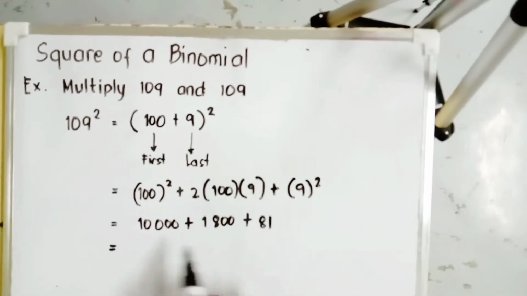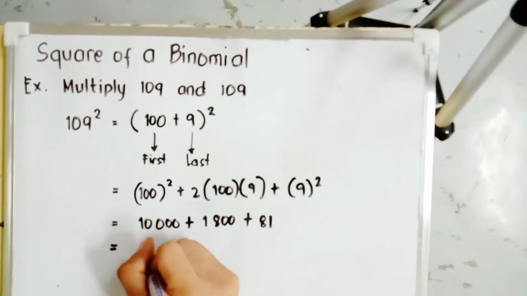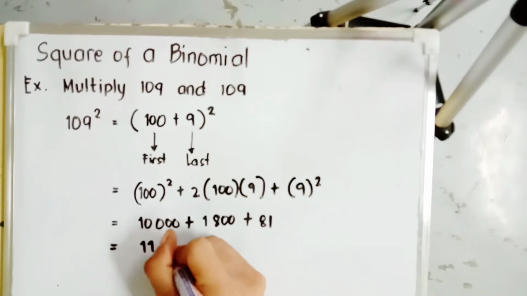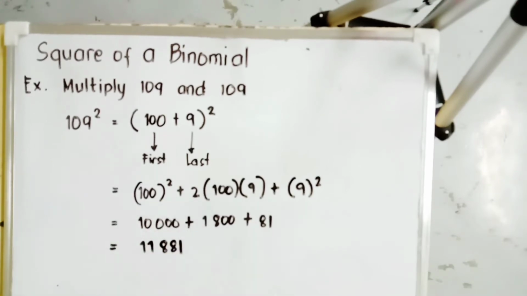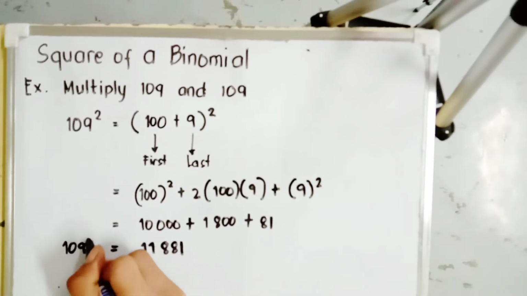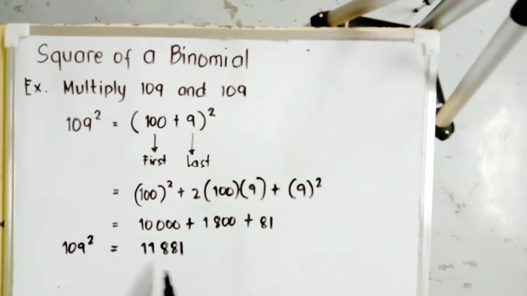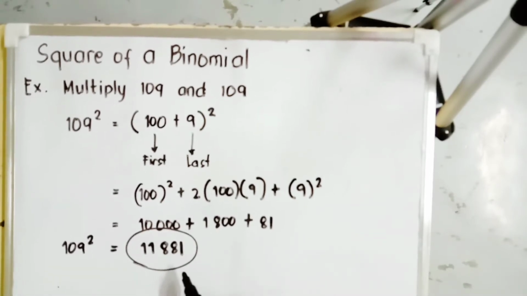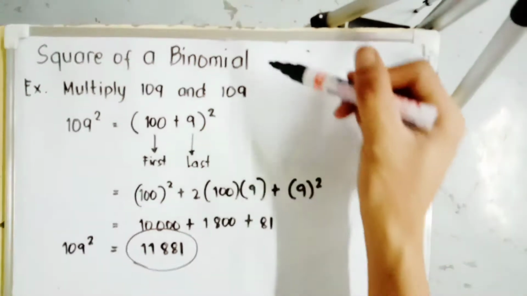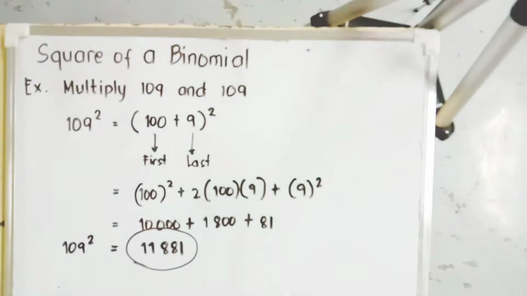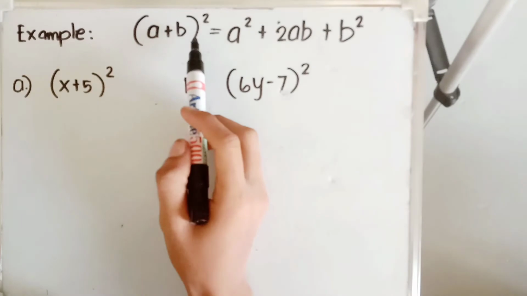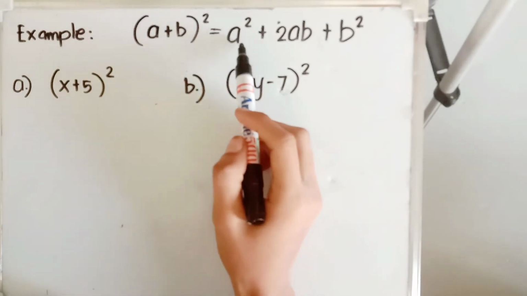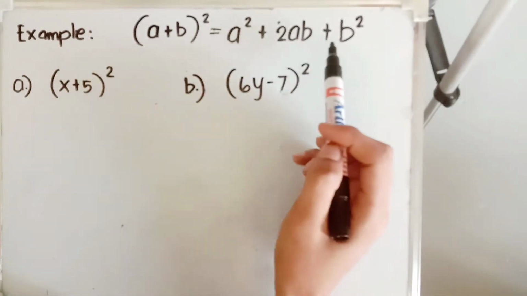Next, we have to add all the numbers and that becomes 11,881. Therefore, we can say that the product of 109 and 109 is equal to 11,881 using the technique of a square of a binomial. A plus b to the power of 2 is equal to a squared plus 2ab plus b squared.